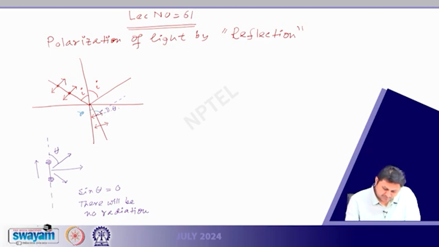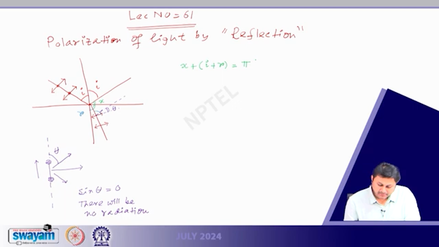Let me define this angle, the yellow line, as x. Then x plus I plus R has to be pi.